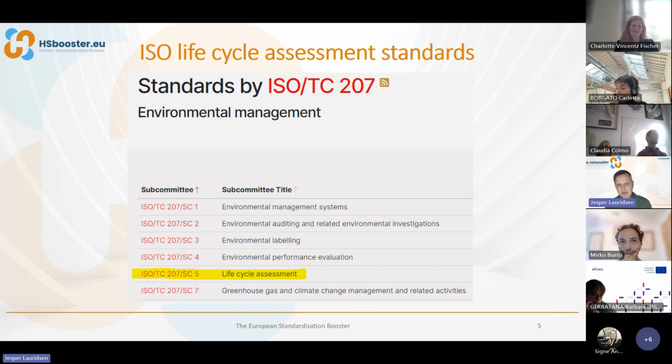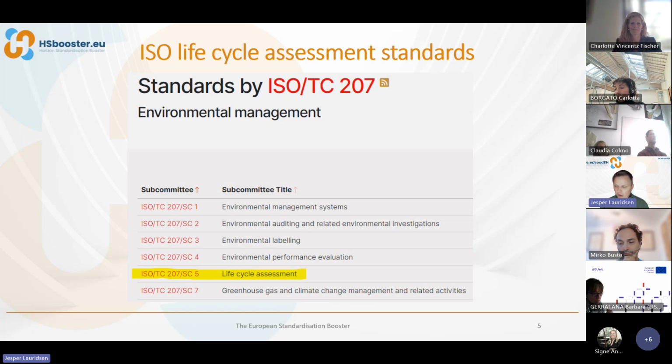At the same time, in the 90s, as Mirko showed in his presentation, they started working on life cycle assessment standards, which is in Subcommittee 5. And that is the quantification of the environmental performance.